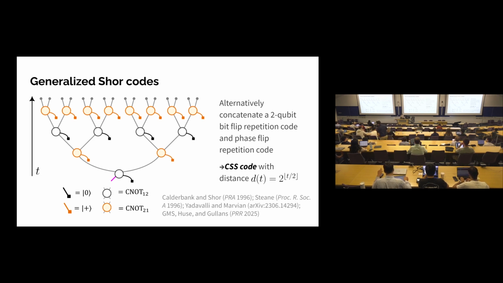So we get this binary tree. And this makes a CSS code, namely one where, if you look at the stabilizers, you can choose them to be only X or only Z. And it has a distance that's growing like the square root of the number of qubits.